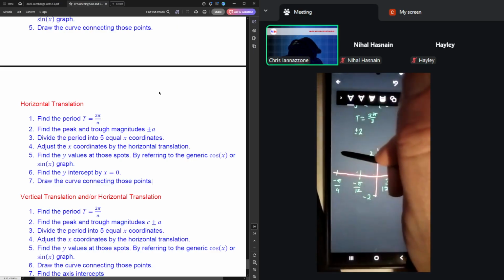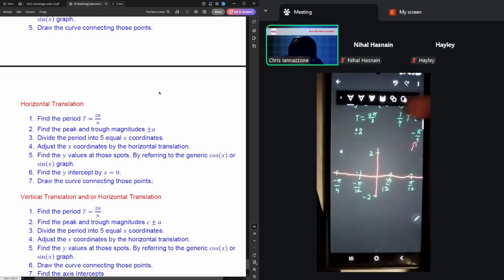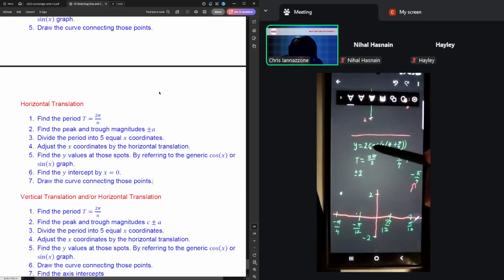So finally we just dot out what we had. Again, cos always starts at a peak, so if negative pi on 4 is our starting location, then we're going to put a peak there. From there, the next should therefore be a middle, which is why we're going to put a dot here.